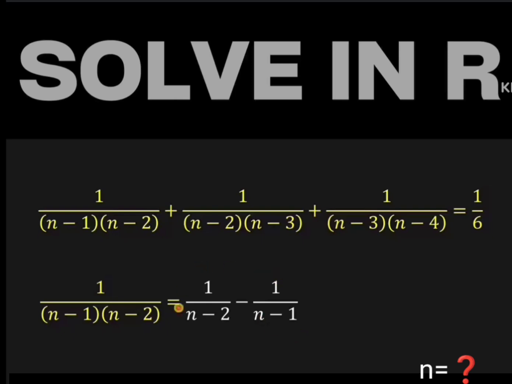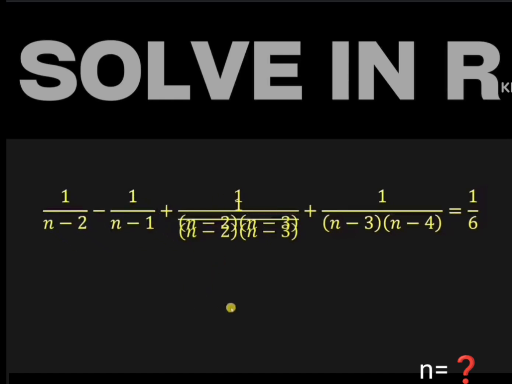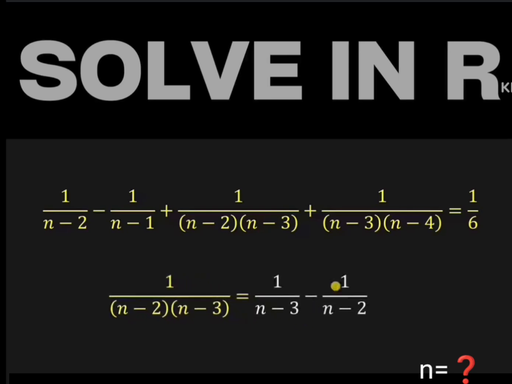Now, this is very important. So let's replace 1 over (n minus 1) times (n minus 2) with its equivalent value. Now, how about 1 over (n minus 2) multiplied by (n minus 3)? Using the same concept, we can say that this is equivalent to 1 over (n minus 3) minus 1 over (n minus 2). You can check, if you simplify this, you get this result.